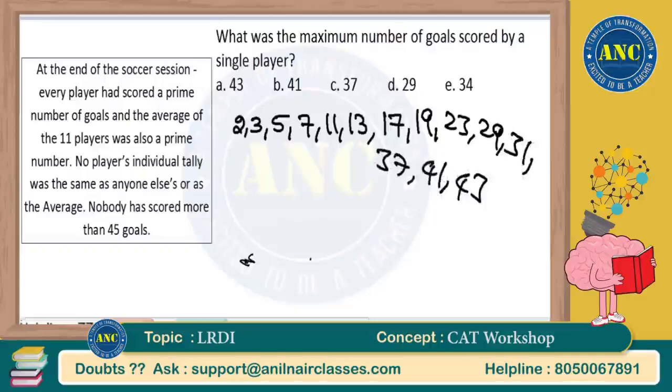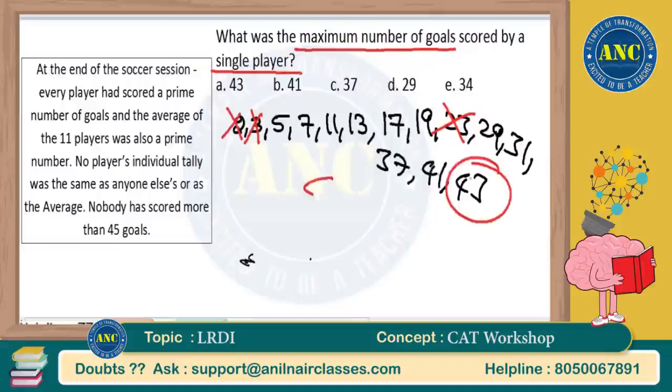Eliminated numbers are 2, 3, and 23. So what is the maximum number of goals scored by a single player? Maximum number of goals scored by a single player is 43. Very easy question.